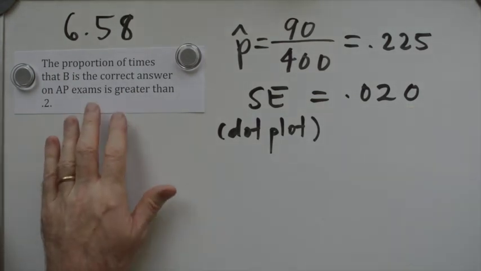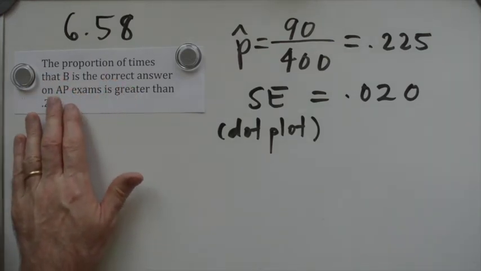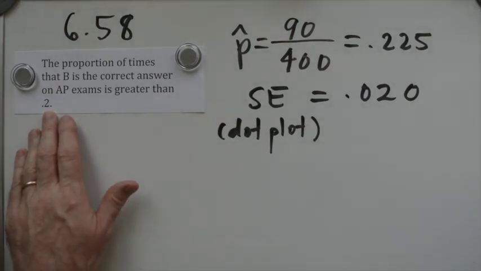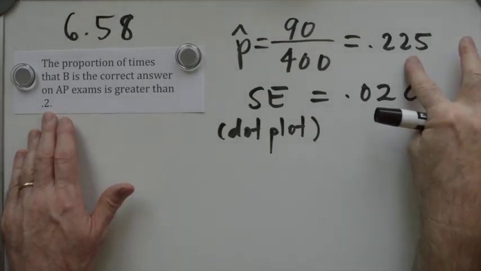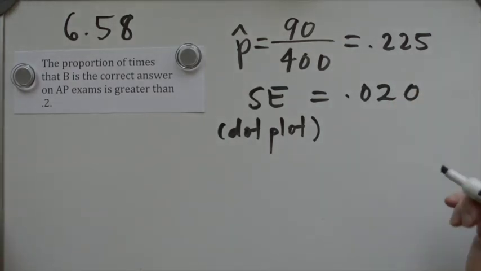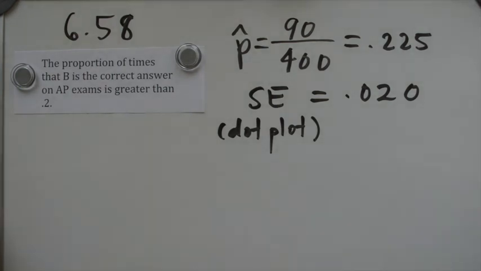Now, the claim that is being tested here is that the proportion of times that B is the correct answer on AP exams is greater than 0.2, and there certainly is evidence in the sample for that claim. Now, the question is, as is typical, is this evidence strong enough to sustain this claim?